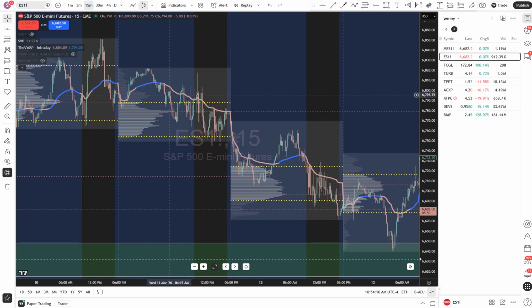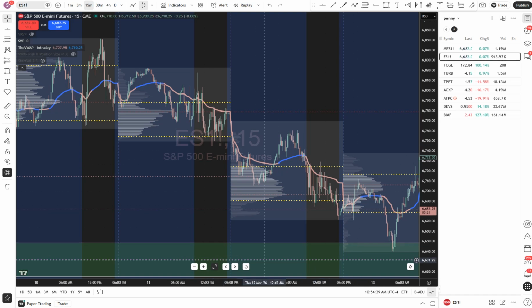Tuesday, Wednesday, Thursday. And what did we have on Tuesday, Wednesday, Thursday? Well, we had trapped longs. Why? Because the market was dropping, dropping, dropping. And when the market rallies, what happens to those trapped longs? What are they going to do? They're going to cover and sell their position.